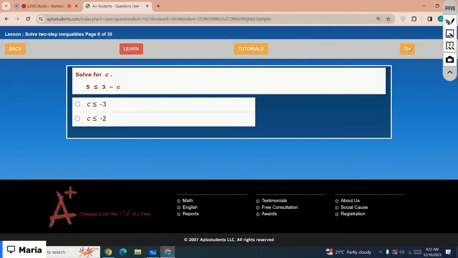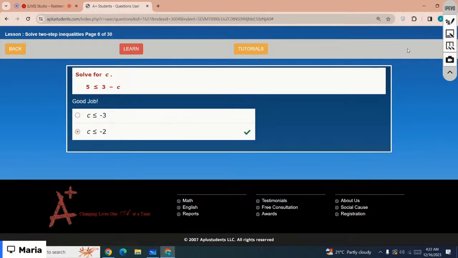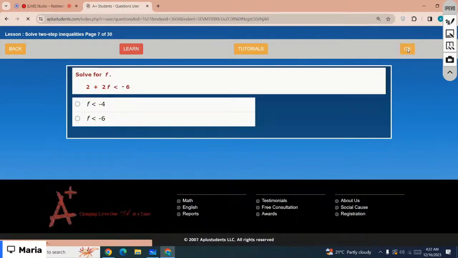Yes, option number 2 is the correct option. Very good. Okay, the next one is solve for f. 2 plus 2f is less than negative 6. So which is the correct option?